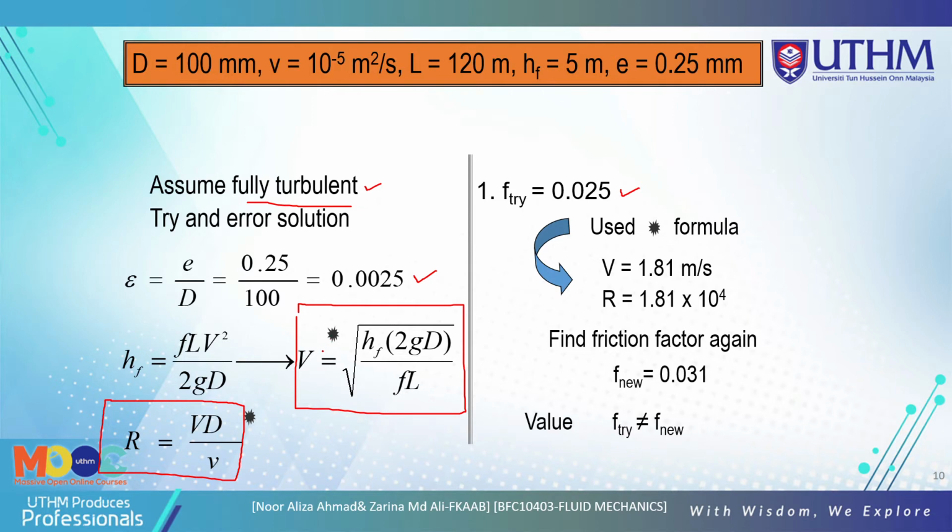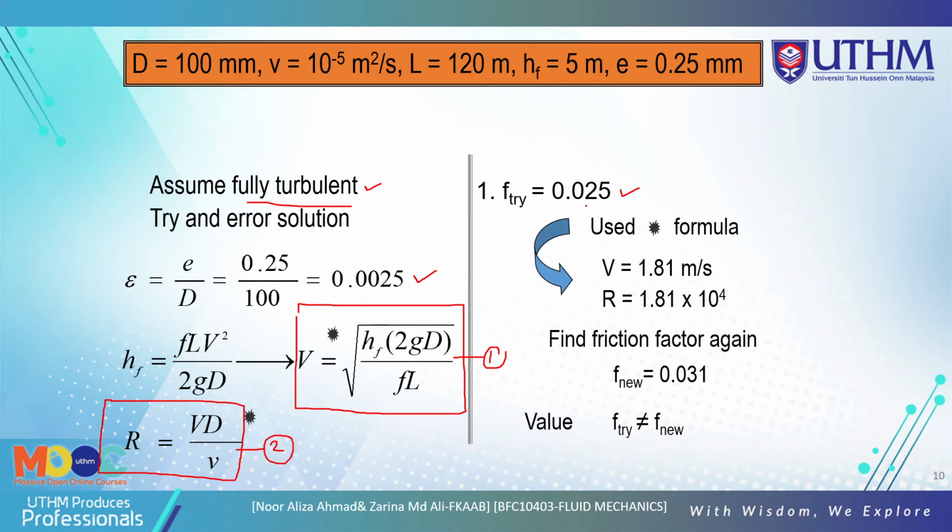Now you use the F trial 0.025 and substitute it in the formula of V, this is formula 1, and this is formula 2.